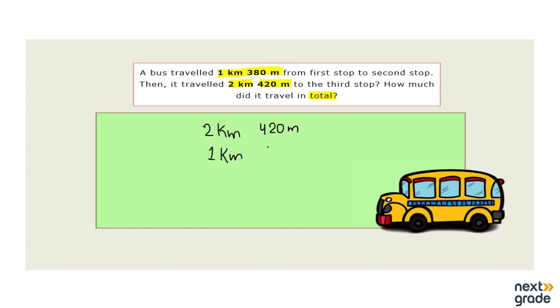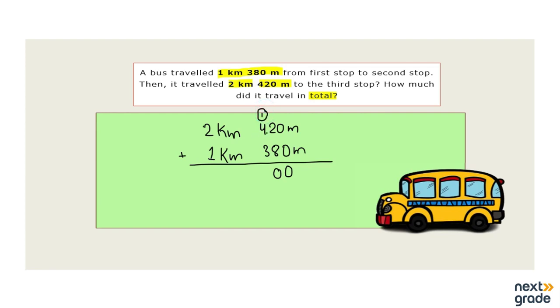इसी तरह next है 1 kilometer and 380 meter. So let's add these. 0 plus 0 is 0. 2 plus 8 is 10. So 0 will be over here and we have to carry forward one number.